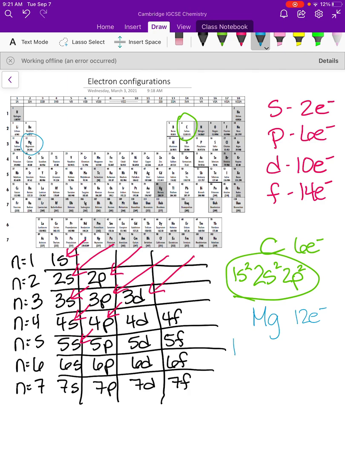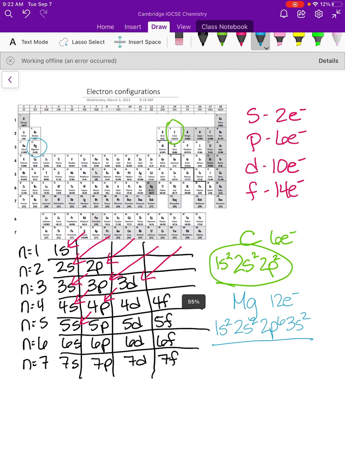So we start with 1s2, 2s2, 2p6, 3s2. And we would stop there because when you add up these exponents, 2 plus 2 plus 6 plus 2, you get 12. So that is your electron configuration for magnesium: 1s2, 2s2, 2p6, 3s2.